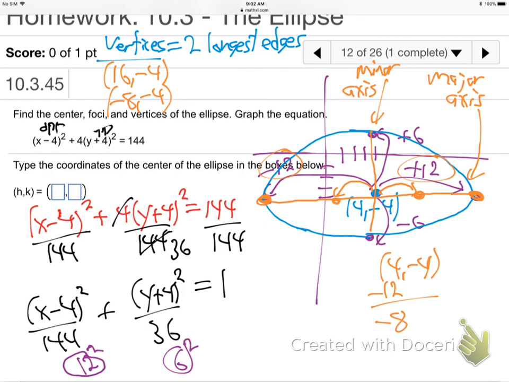The focus points are always on the biggest direction. So I'm going to be adding and subtracting something again to the x-coordinate, right? But what? How do I find out exactly what I add and subtract to the x-coordinate?